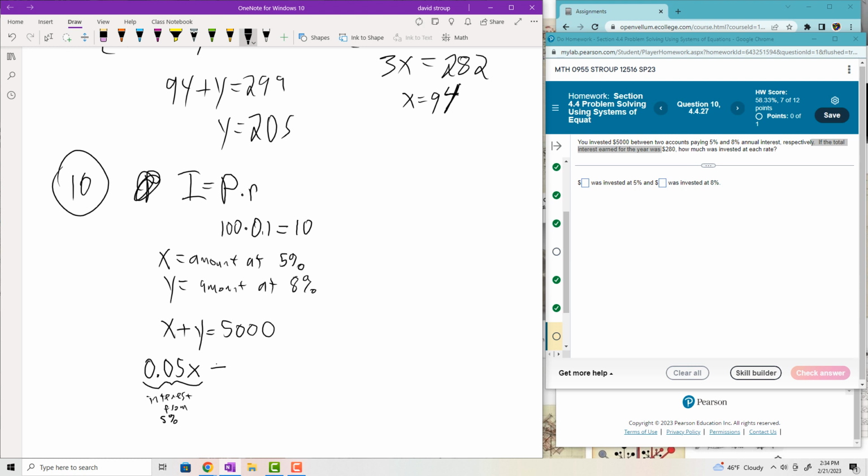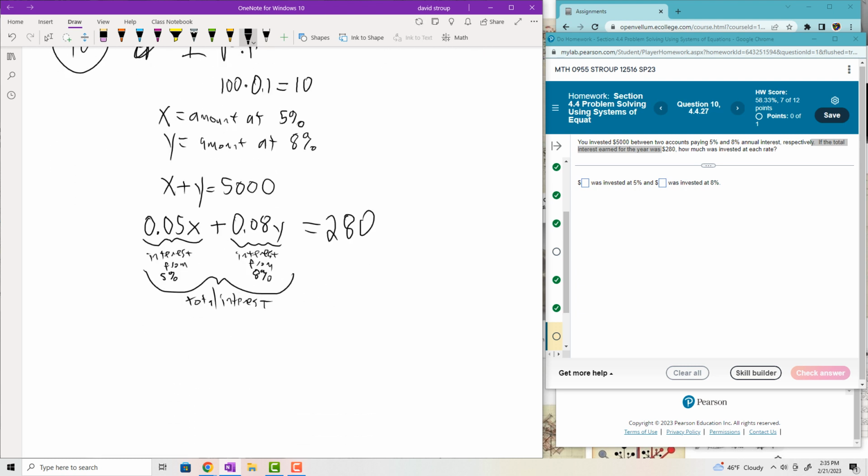And then plus your interest from the 8% account, which will be 0.08 times y. If you add those together, that's the total interest. And of course, that will equal $280. That's what the story problem says. And there is your system of equations.